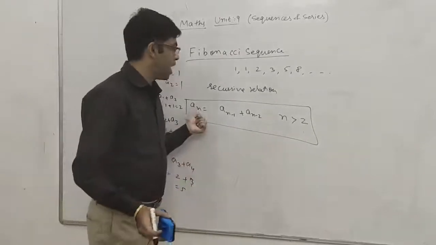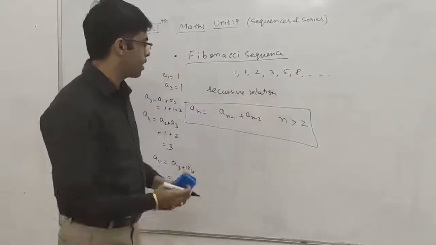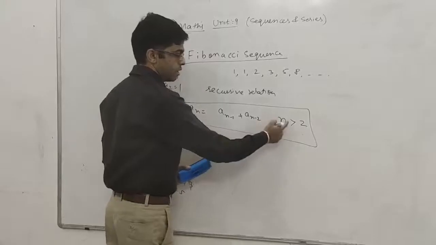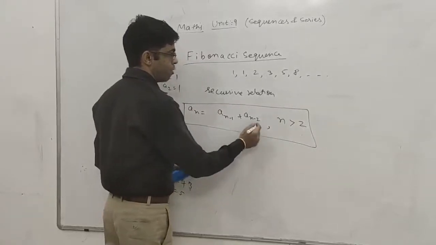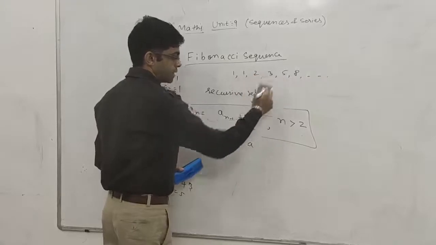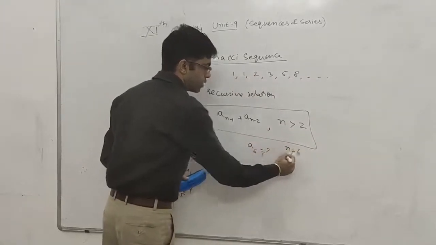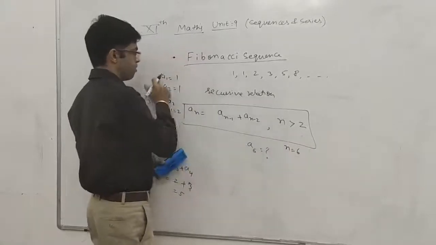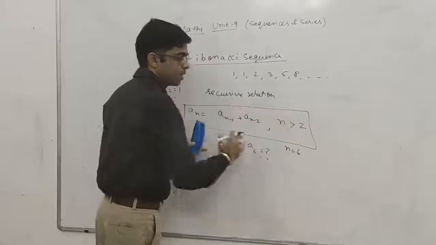So for the nth term, meaning any term we want to find, we can use this formula. Say we want to find the sixth term: put n equals 6. It should be greater than 2; the first two terms will be 1 and then the recursive relation is used.